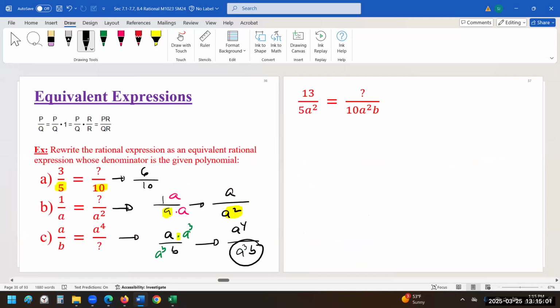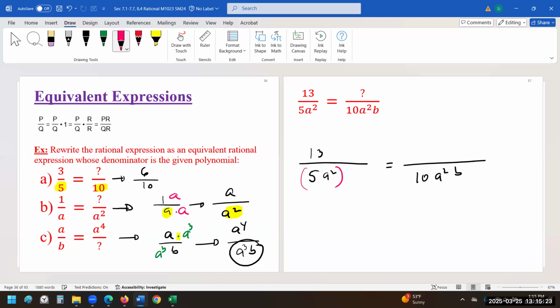Now, how about this one? We are given 13 over 5a squared. We want to rewrite this as something over 10a squared b.